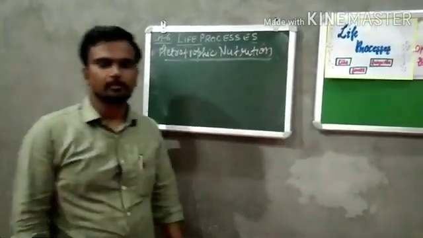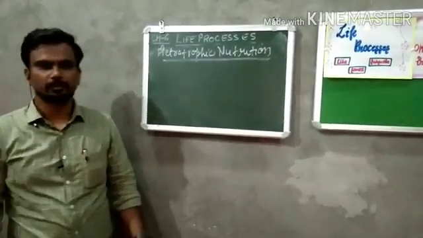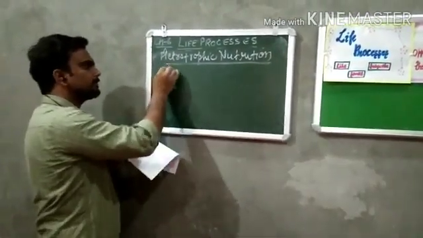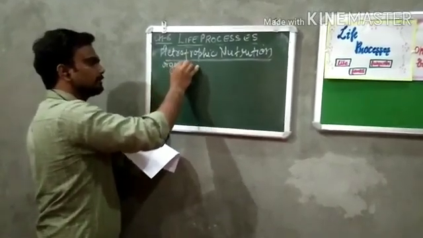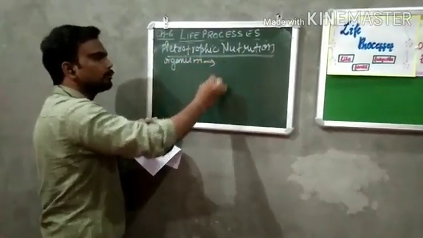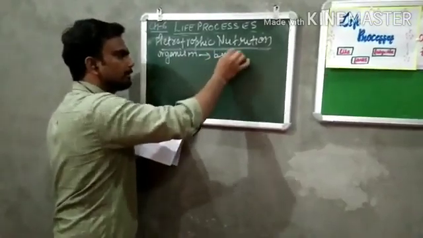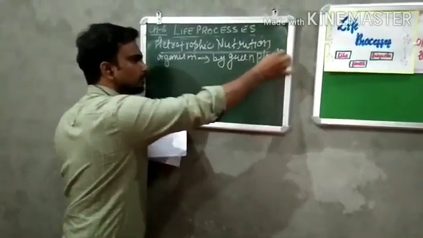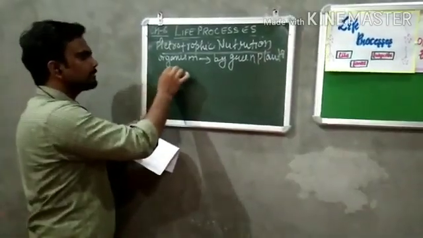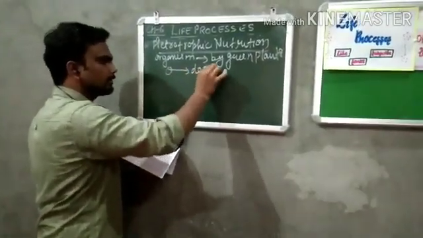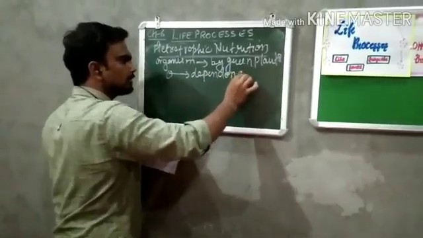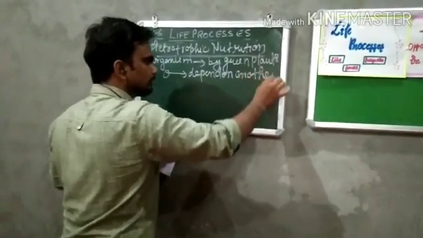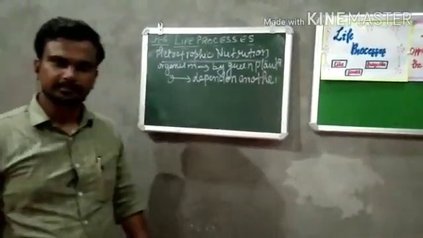Heterotrophic nutrition is a type of nutrition in which the organism takes its food from green plants, or we can say that an organism is dependent on another organism for its food and energy.